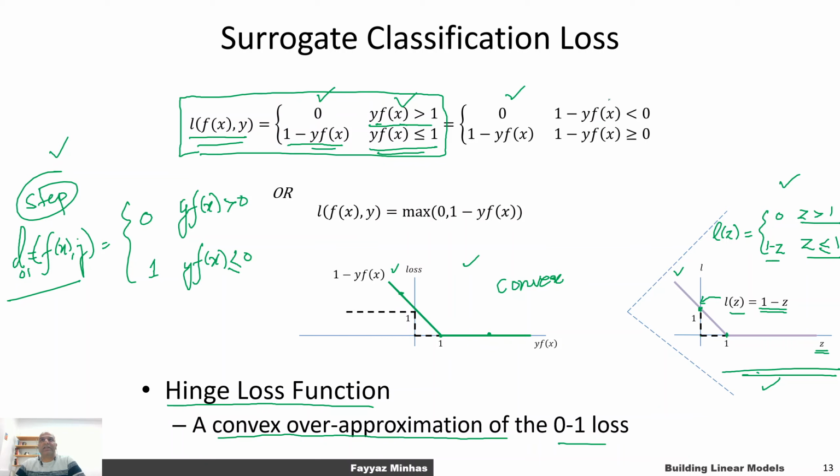This is a simple rearrangement of this thing, and you should be able to figure that out pretty easily. And the other thing is, this remains the same: for the other part, whenever 1 minus y times f of x is greater than 0, then the loss function value becomes 1 minus y times f of x. So this is a simple rearrangement of this thing over here.